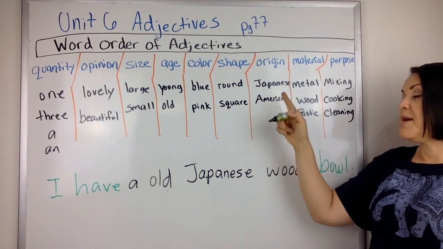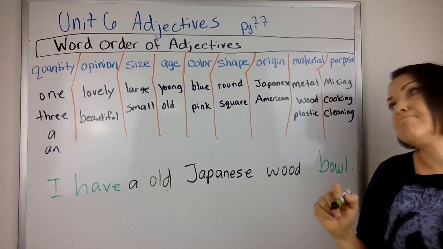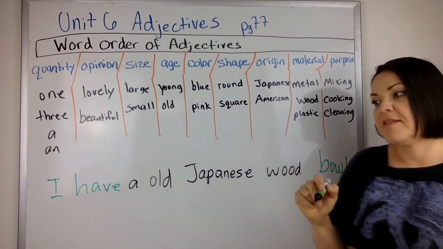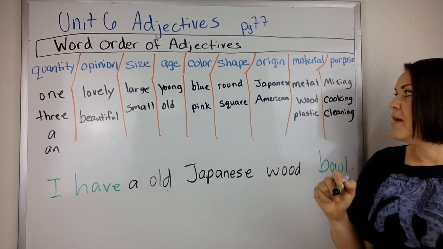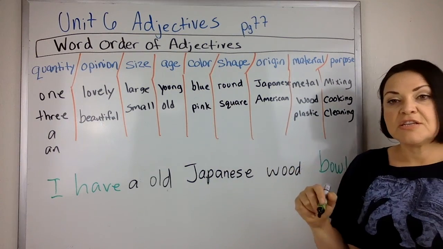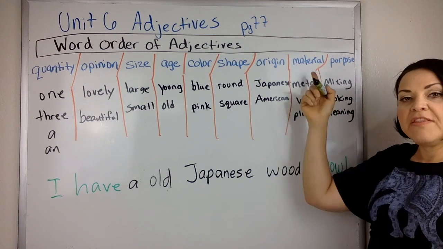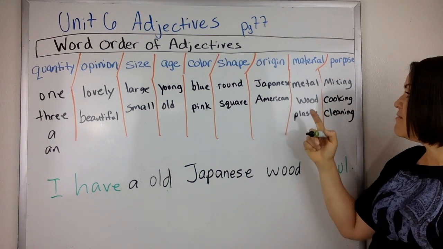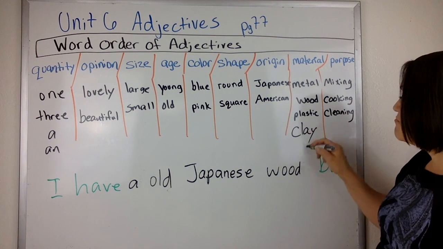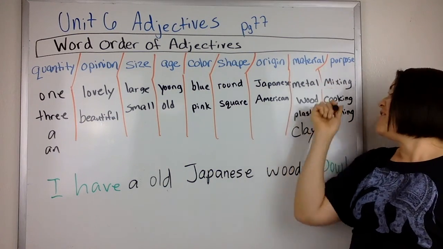So you can say Japanese, Chinese, Turkish. Origin would be like the country that it's coming from. So there's American, Indian. So just think of origin as in the country would be the easiest. And then we have the material it's made of, metal, plastic. Sometimes they're made out of clay. Ceramic is another kind. And then mix.